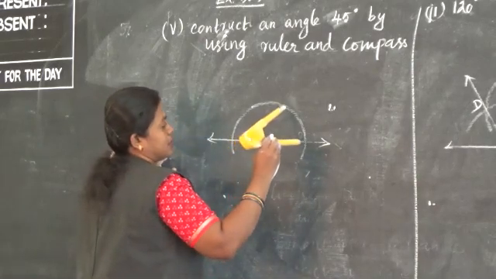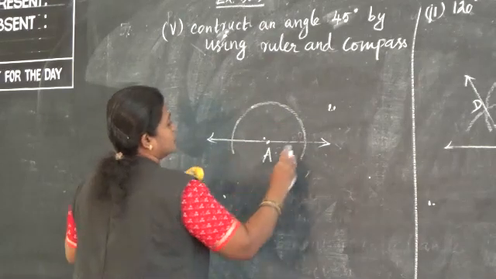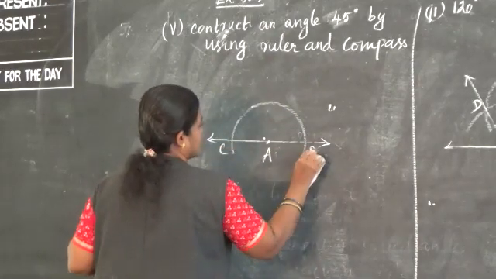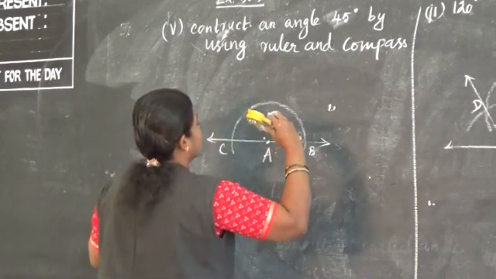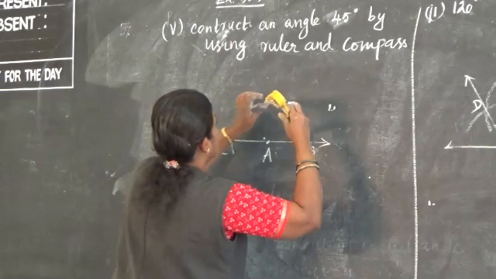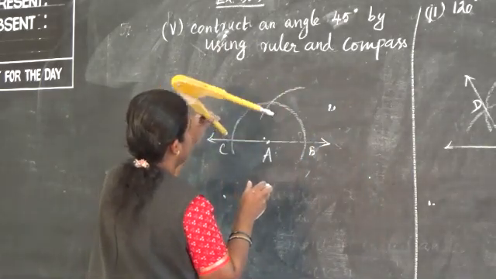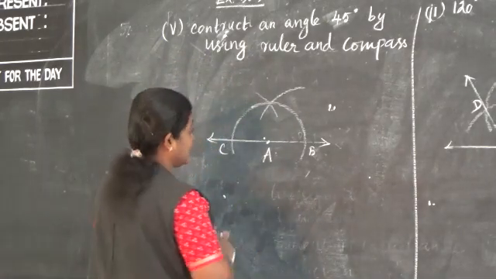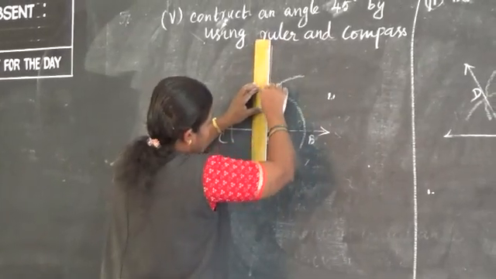Now same measurement, B, C, same measurement, B, draw one arc. Now C as a center, draw one arc. This node is a 90 degree.